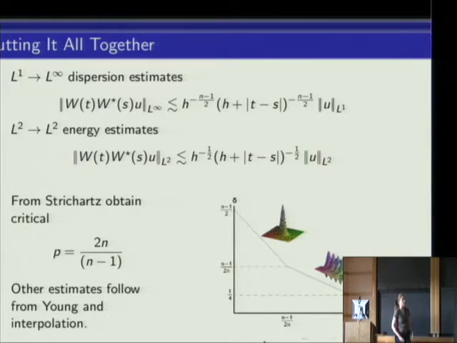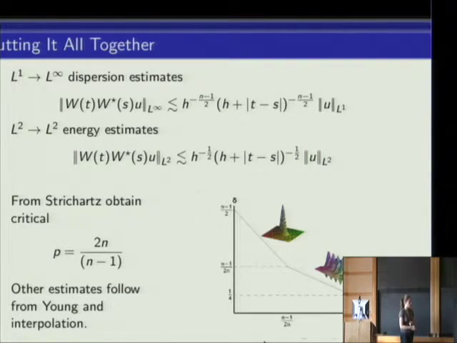So putting this together, we already had L1 to L infinity dispersion estimates of this form. So we have sigma infinity is n minus 1 on 2 to put into our Strichartz estimates. From our description of the kernel, we obtain estimates for L2 to L2, so sigma 2 is a half. Now we can stick this into our Strichartz governing equation, set p equal to r and solve.